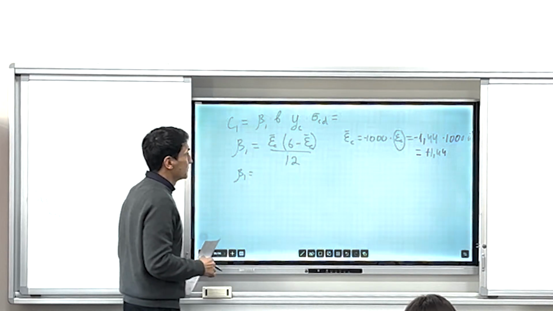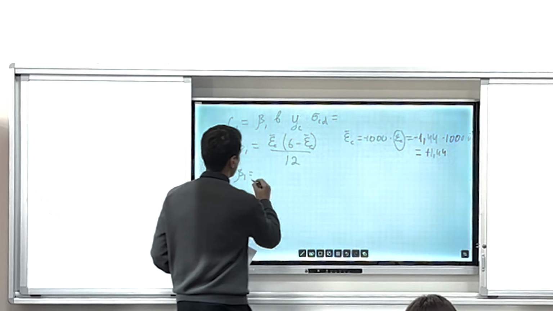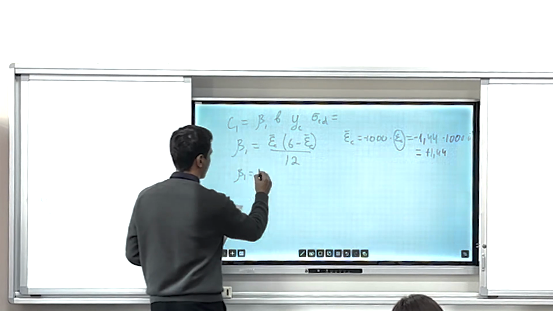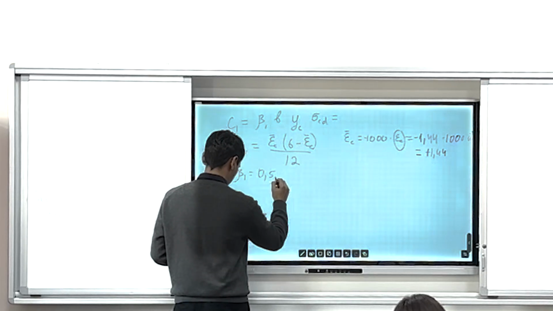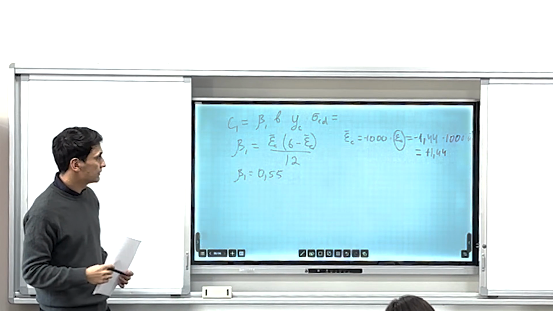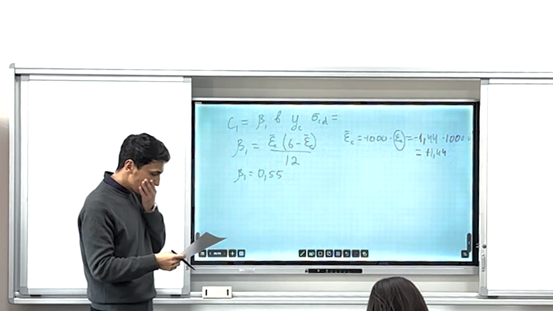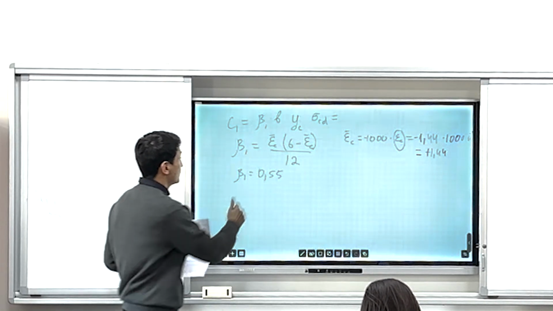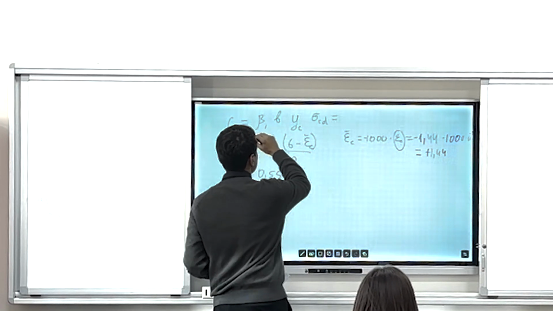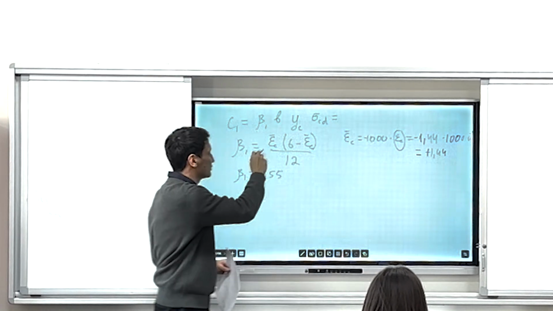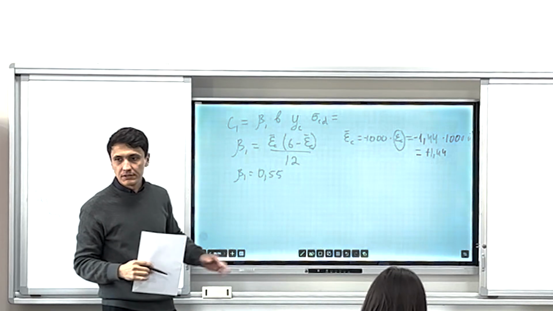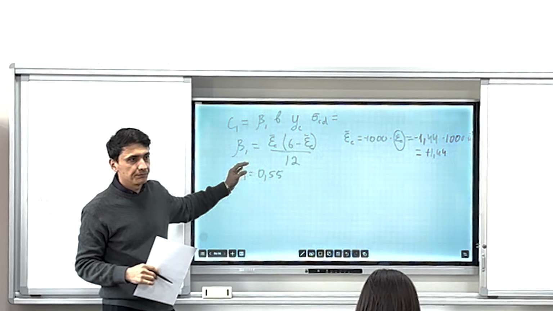So now we have epsilon c, and beta 1 will be equal to 0.55. Once we know beta 1, we can find C1, the force coming from the concrete.